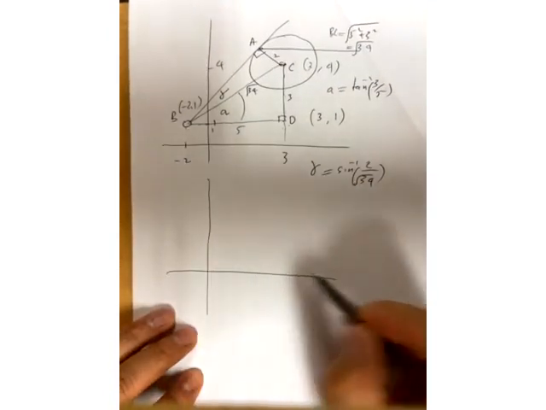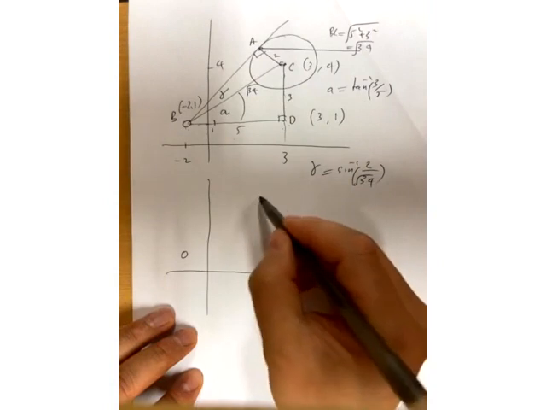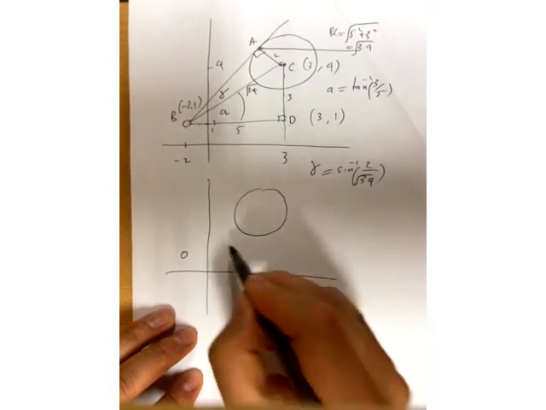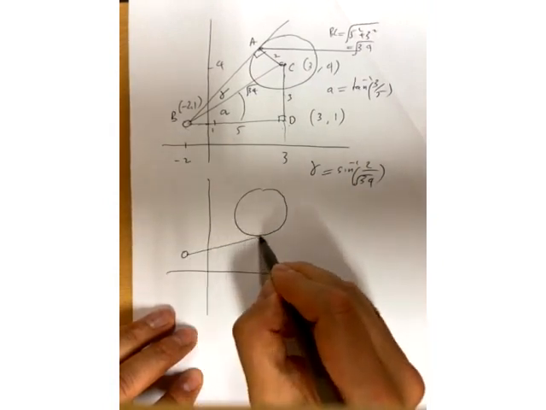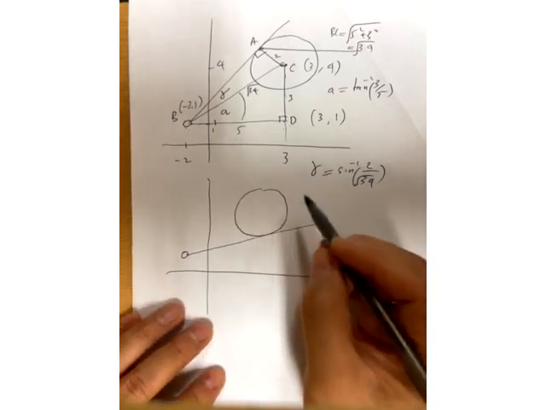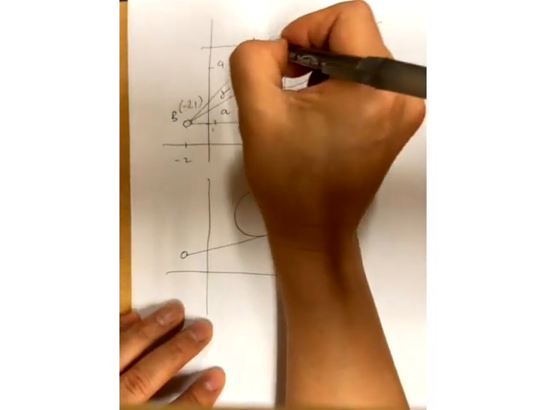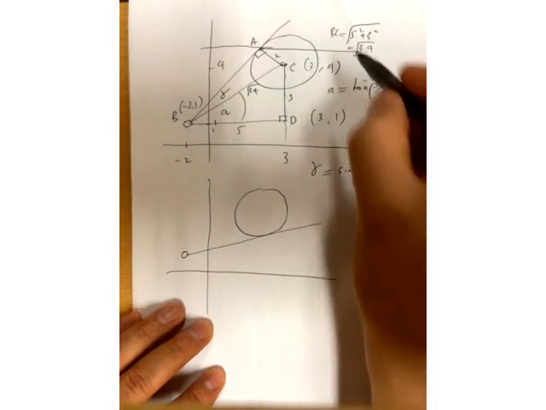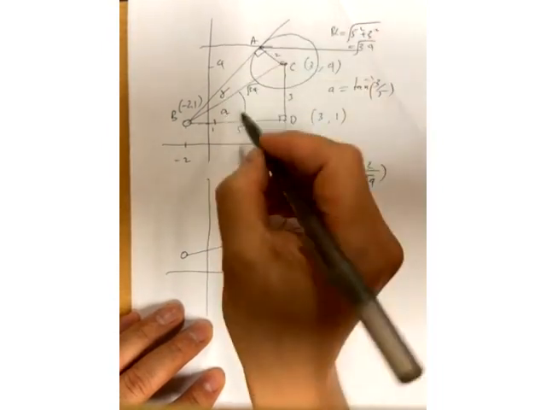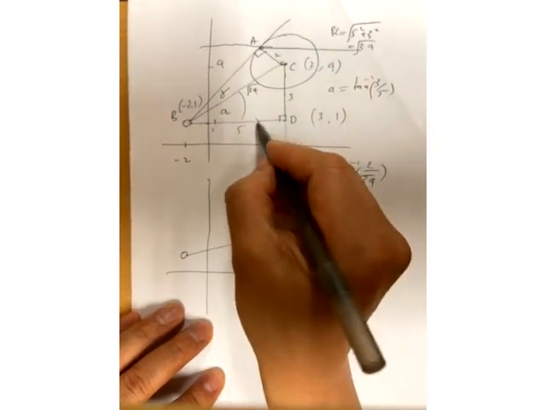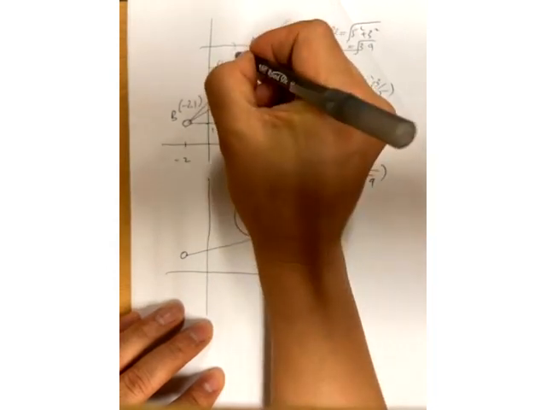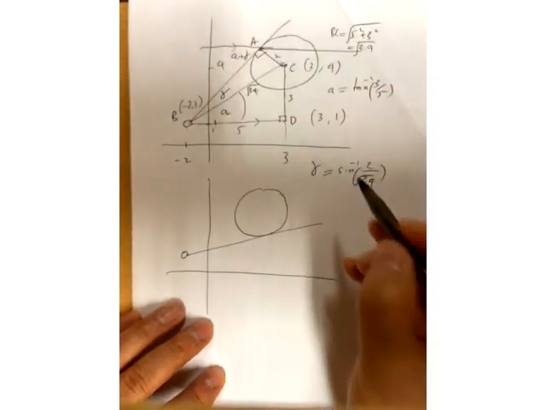Likewise, if you have the point B here still, and the circle is there as well, and you want to find this angle here. By the way, if you go back to this here, you want to find the angle here. If you use parallel lines, this angle here is A plus gamma.